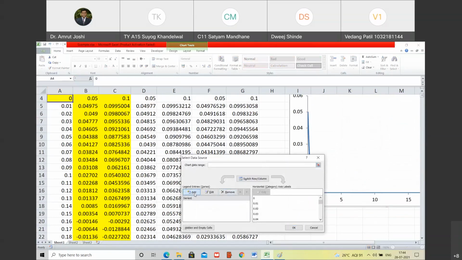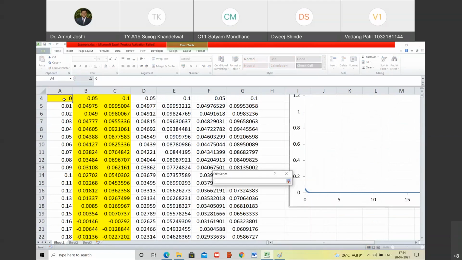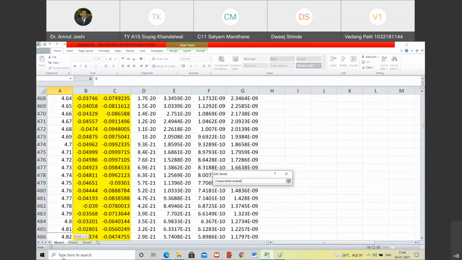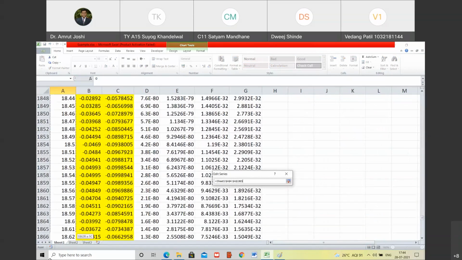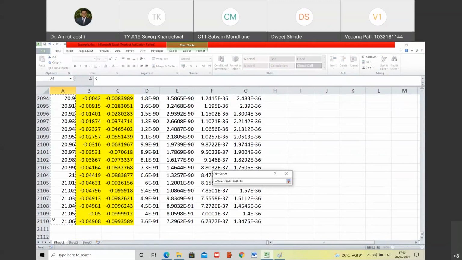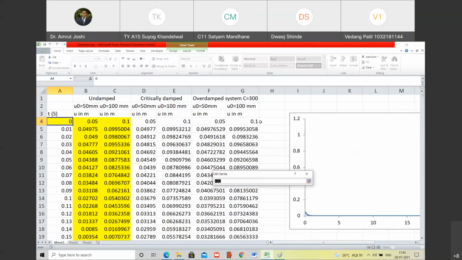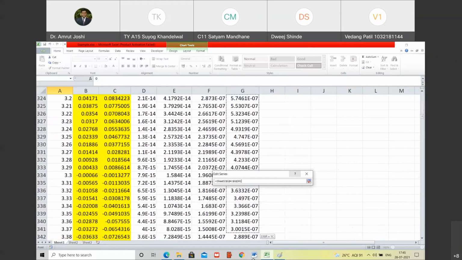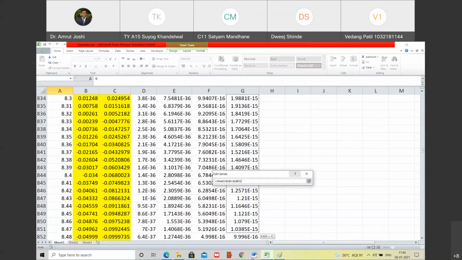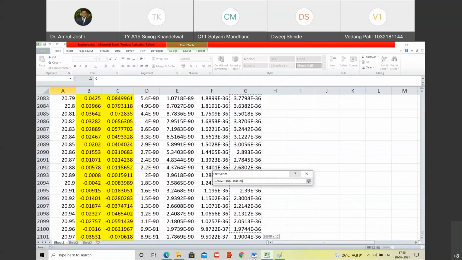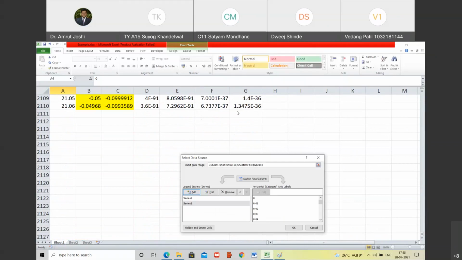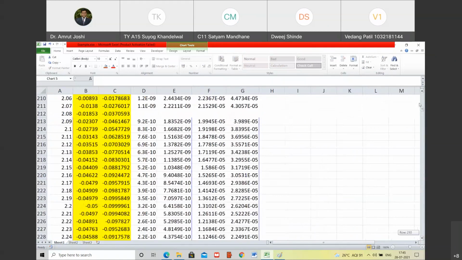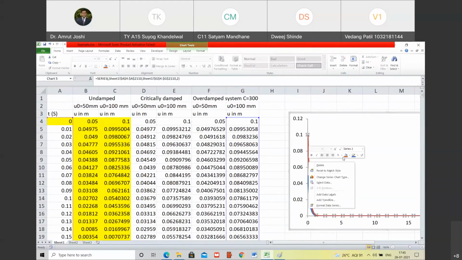So select data, add, and I'm going to select this, and then I'm going to select this one. And I'm going to make this a dotted line. Are you with me? Yes, sir.